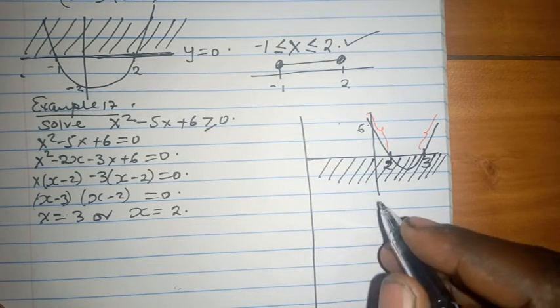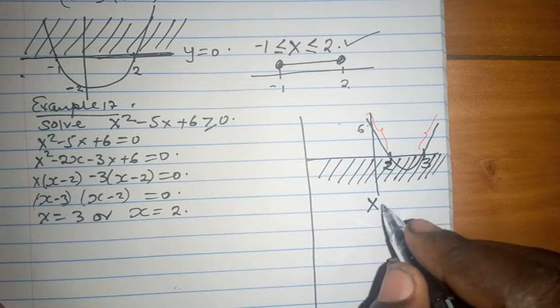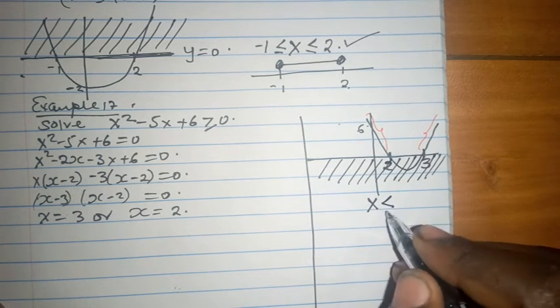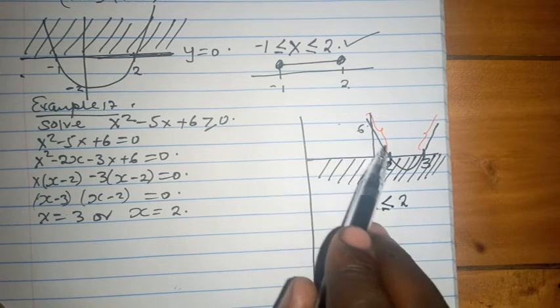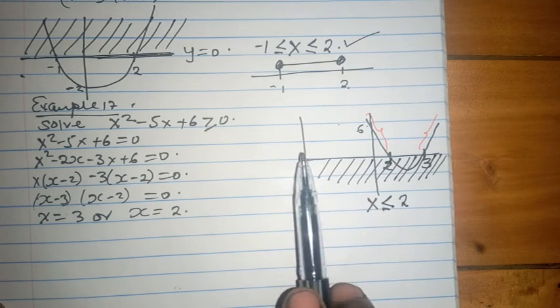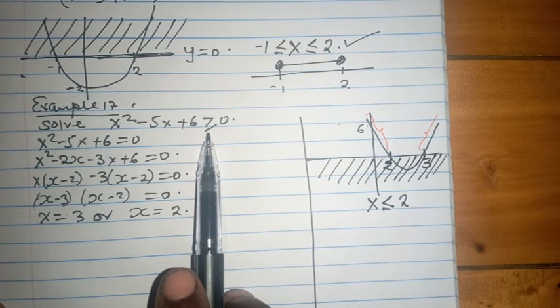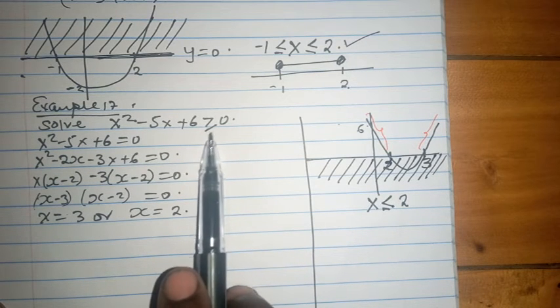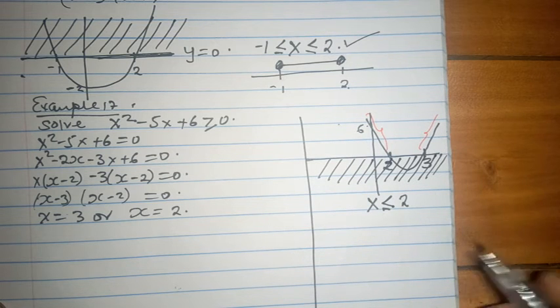So we are going to have x is less than or equal to 2, because it makes sense for this particular region, because the more x becomes smaller, the more y becomes bigger, and we are looking for y that is going to be greater than 0, which is acceptable in that region.